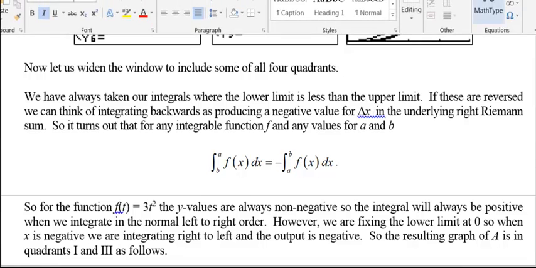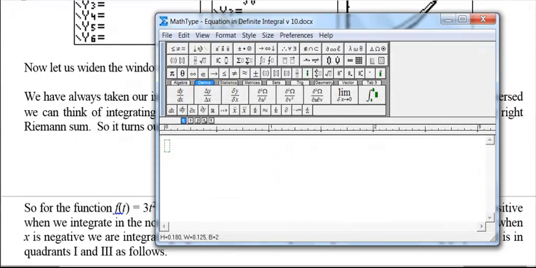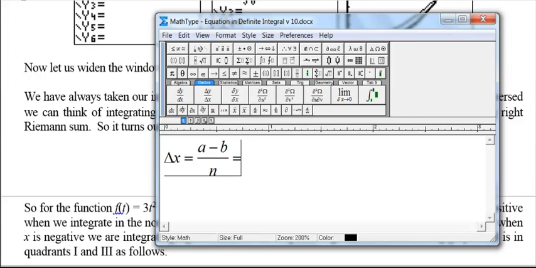In fact, let me go ahead and write that down like this. So to remind you that delta x is, well, in this case, it's going to be a minus b over n, which is the opposite of b minus a over n.